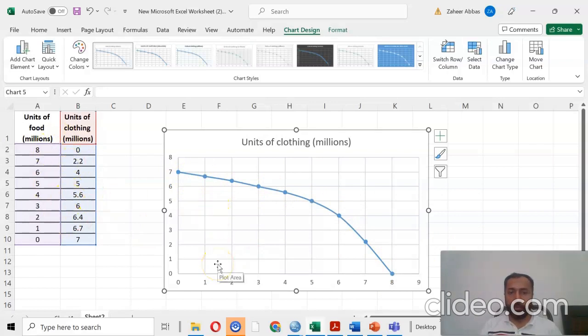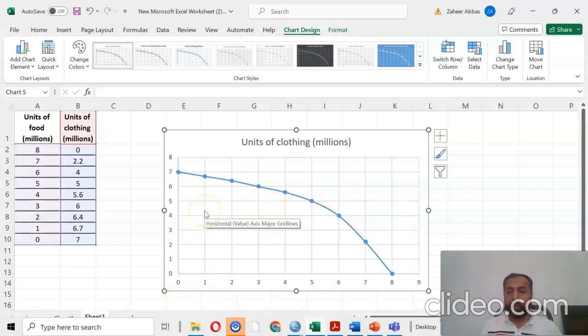And as we know, this is concave to the origin, and this is concave because of increasing opportunity cost. Concave is also known as bowed out from the origin. This is the origin, so this is going out.